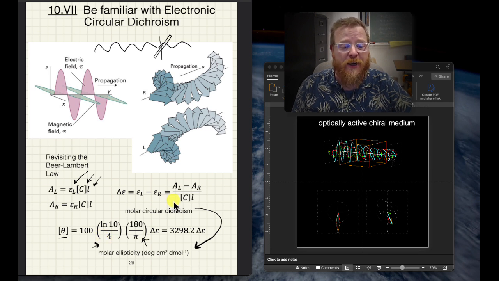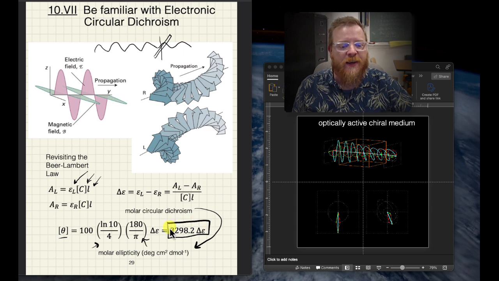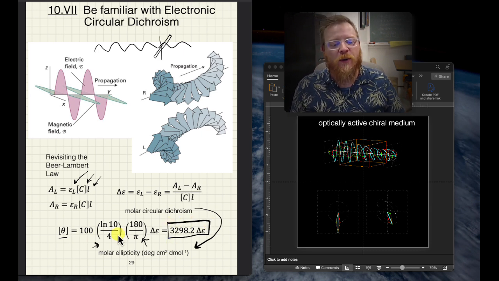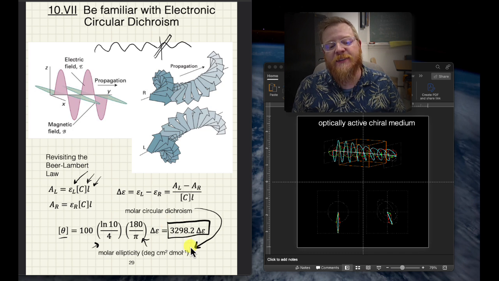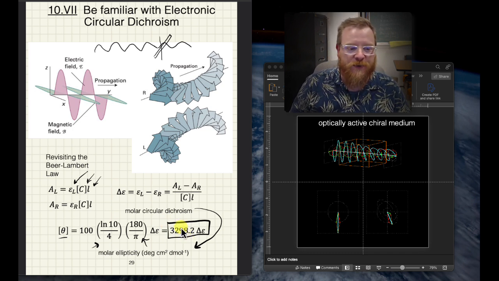I'm not showing the derivation of this. So it's routine to see this equation in circular dichroism. All of these constants end up being 3,298.2. The 100 gets us into the decimole unit. So again, it's common to see this weird number in circular dichroism.